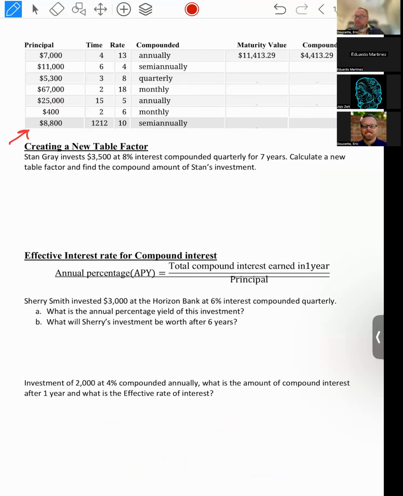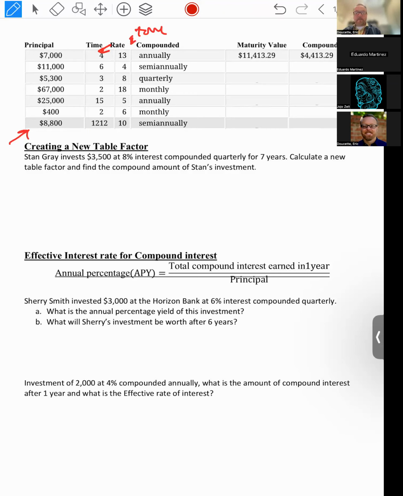We're going to work through figuring out this information right here. So if you look there, the first one says $7,000 principal. The time is 4. Gosh, I don't know if I have the time correct. Oh, 4%. This is all shifted, by the way. This should be rate right here, and then this should be time here.